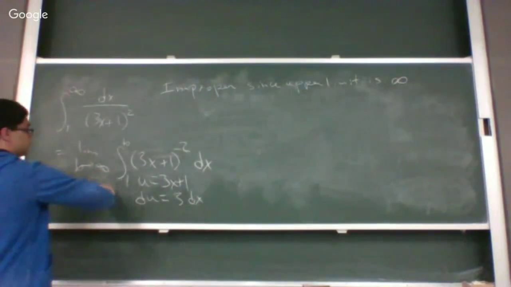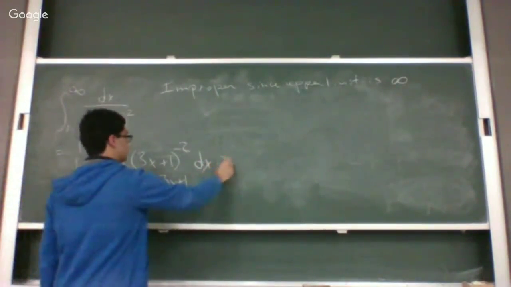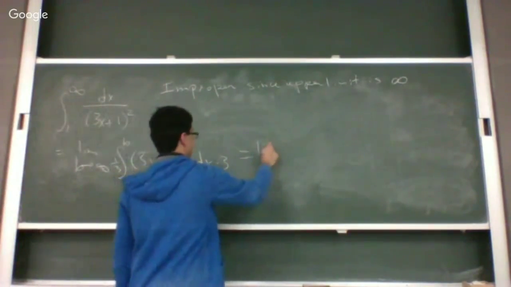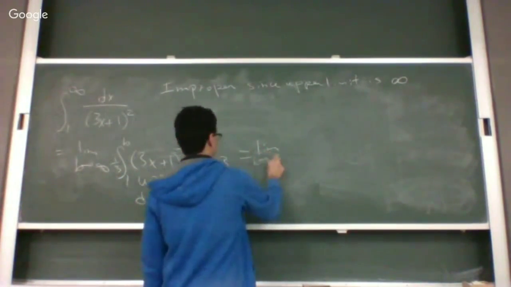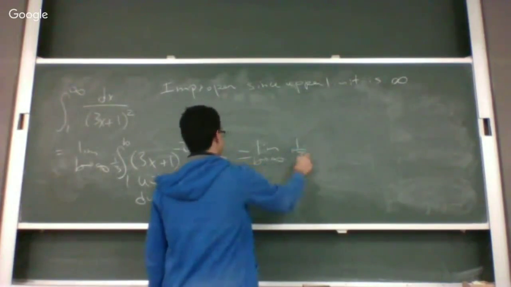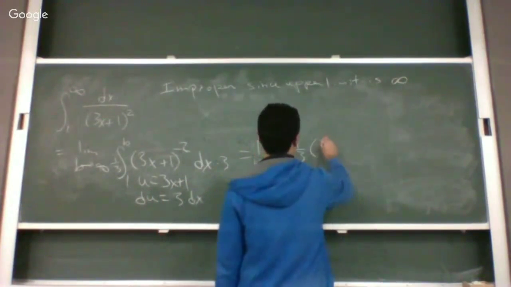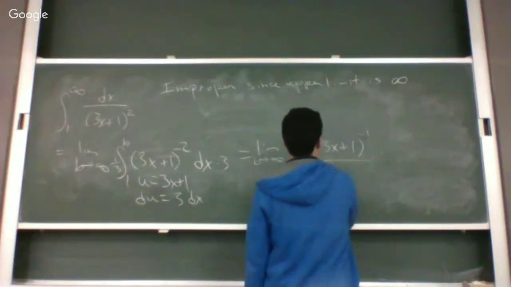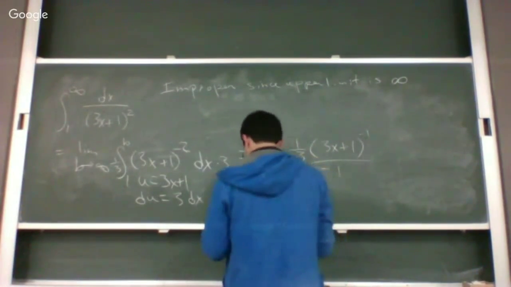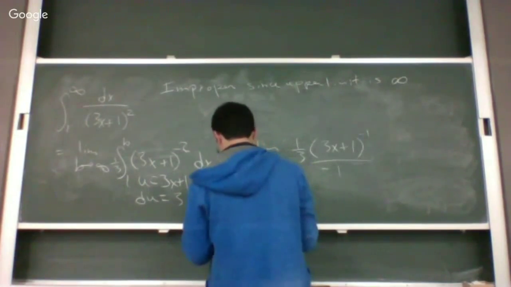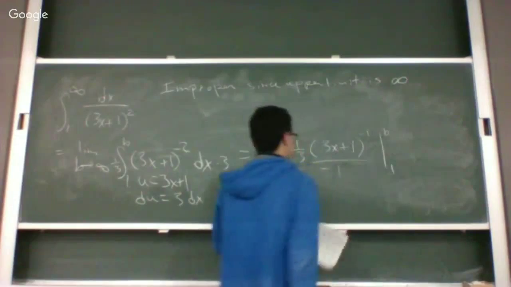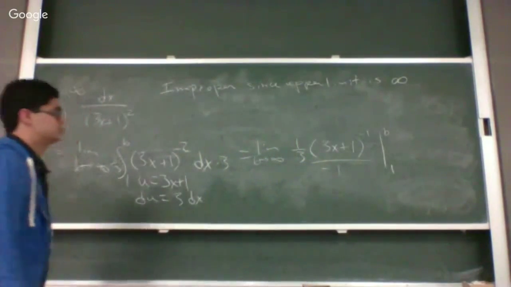So we multiply the inside by a 3, outside by 1/3. We have limit as b approaches infinity of 1/3 times (3x plus 1) to the minus 1 divided by negative 1, from 1 to b, and you can solve it.